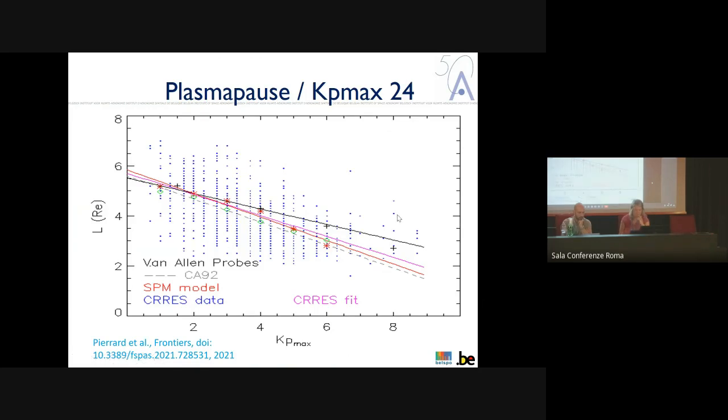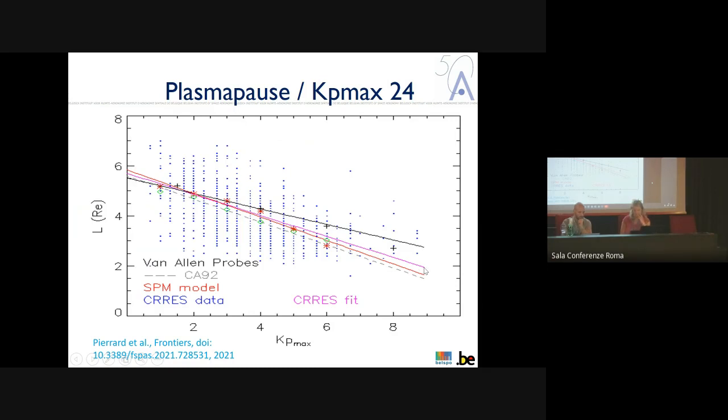Again, here you have observations of CRRES in blue, observations of the plasmapause position in Earth radii as a function of the Kp index maximum observed during the previous 24 hours. The best fit for the CRRES data is shown by the pink line here.